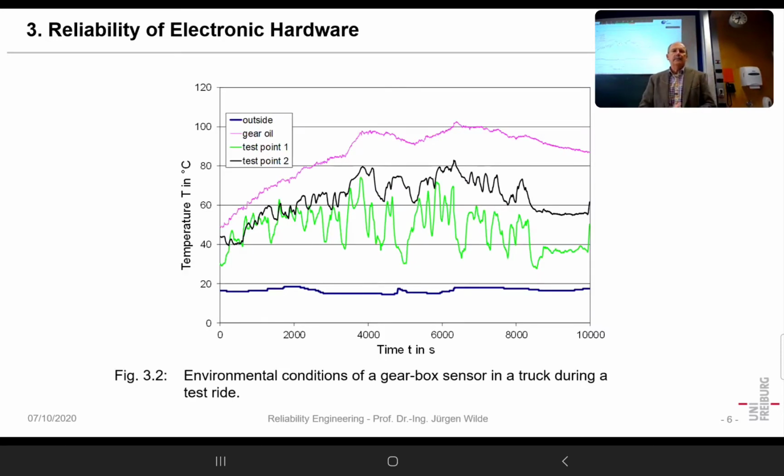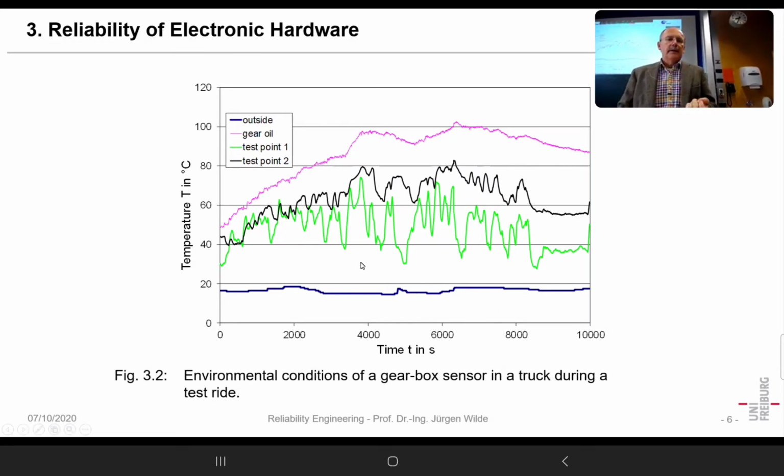Okay, here's an example. Some colleagues of mine, I was at the Daimler company, they were close by in the Unimog works, and they designed a new gearbox, and they wanted to know what the temperature of a certain sensor will be if it's mounted directly on the gearbox.